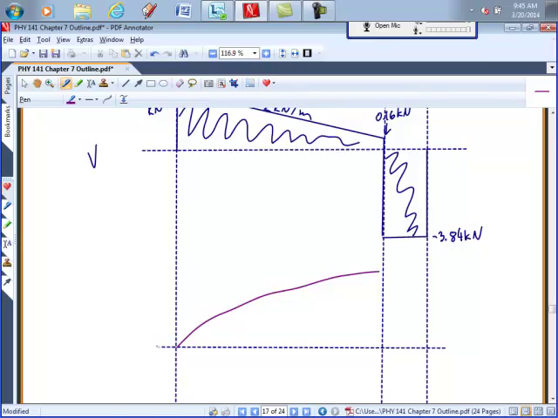Okay, so this starts at 0. How am I going to find this value?